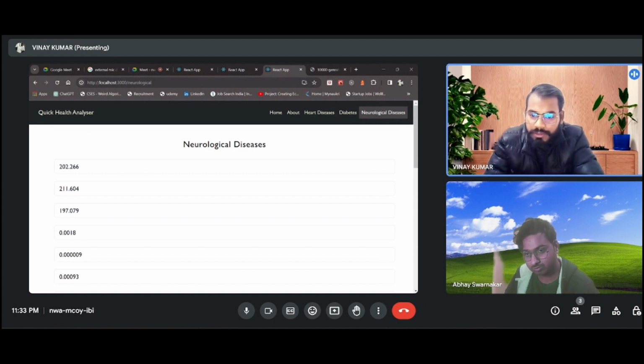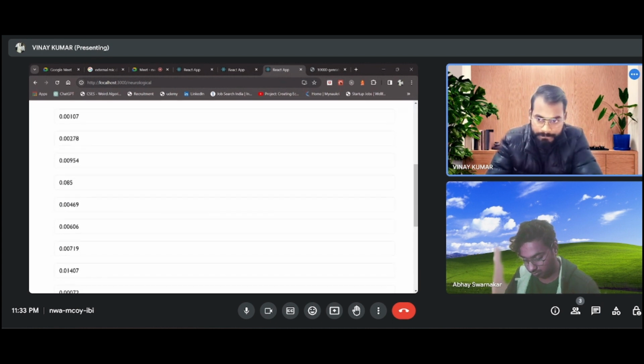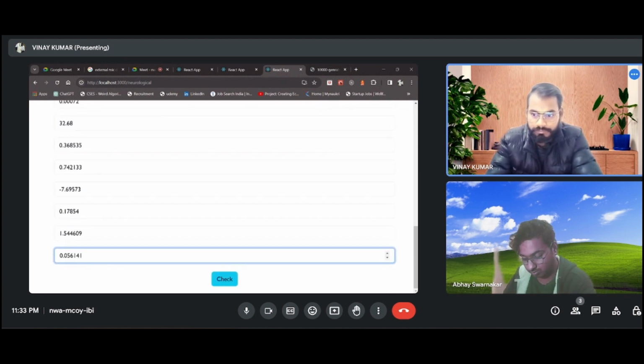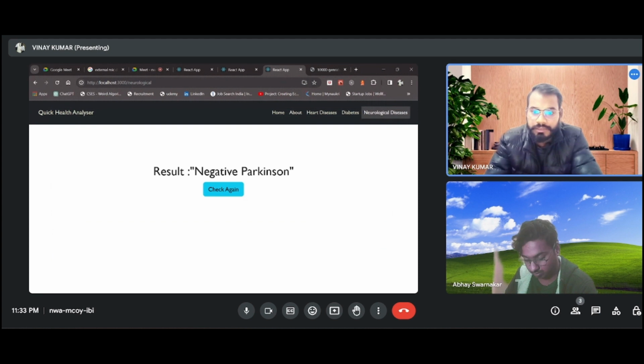Here we have filled in the information for this disease, as you can see in the form. By clicking check here, you can check it. The result is negative for Parkinson's, which means you do not have Parkinson's disease. That's all for the UI.